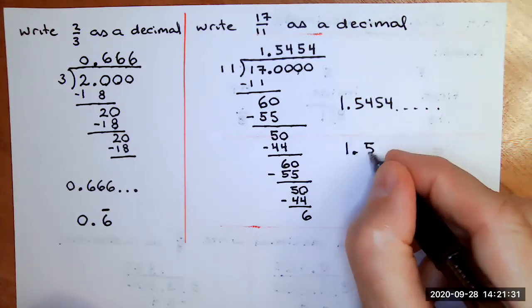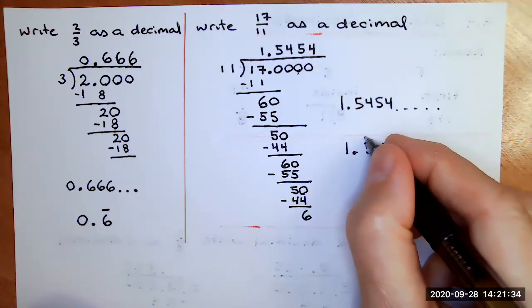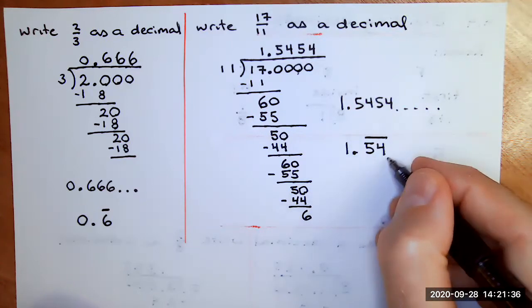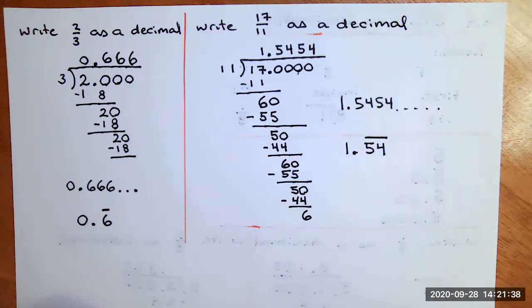So it's going to be 1.54 with the repeater bar over the 5 and the 4. All right, so these are 2 examples of the second stopping rule. If your decimal repeats, then you're going to stop. All right, let's do another example.